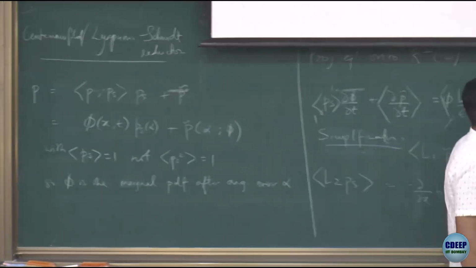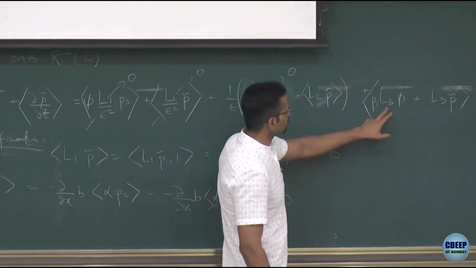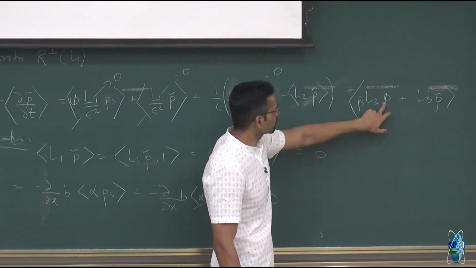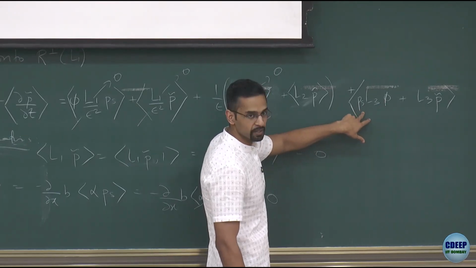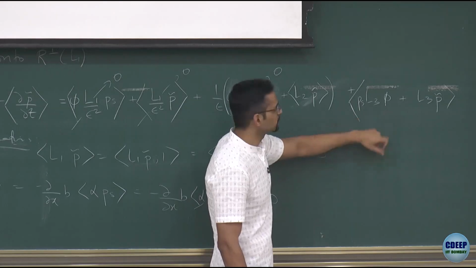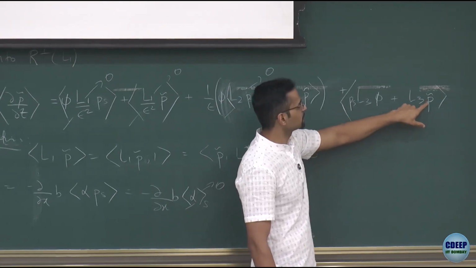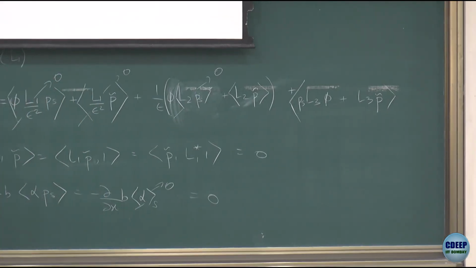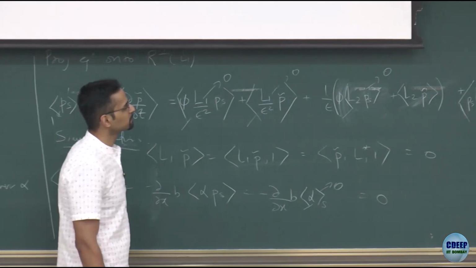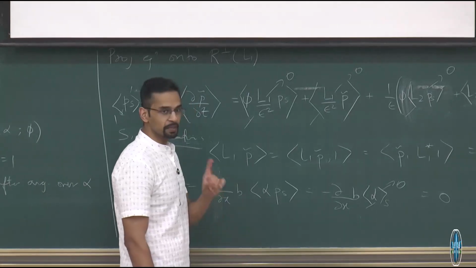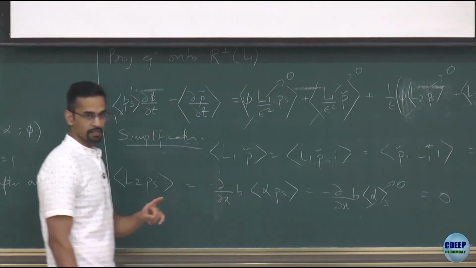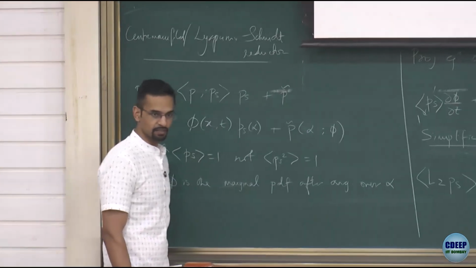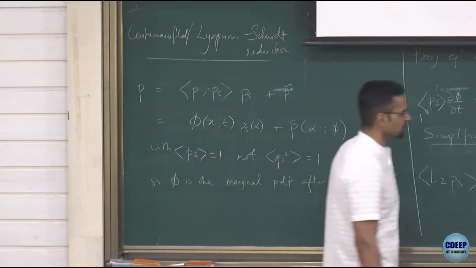So I can't remove these terms, but I can simplify it in the sense that L3 is acting on x, phi is a function of x, so I can take the average over PS, that will be 1. So this term will just be L3 phi. And this term will be L3 acting on the average of P tilde. But the average of P tilde is not 0. It is the projection, the average of P tilde multiplied by PS, which is 0. So that will survive.